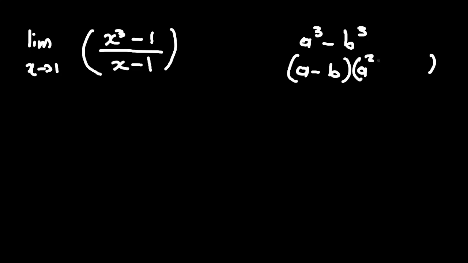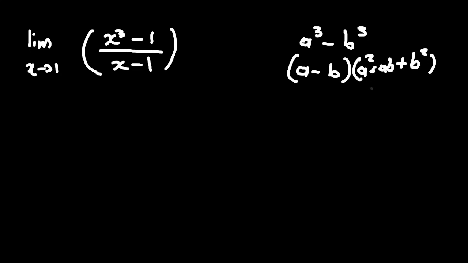It's a squared. And which value can I multiply by minus b to get minus b cubed? It's positive b squared. Then in the bracket, you say a times b, you get ab, and then you change the sign.